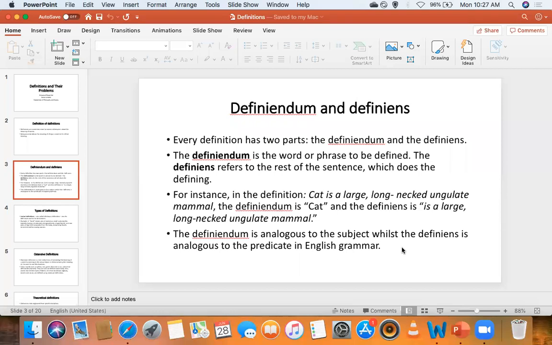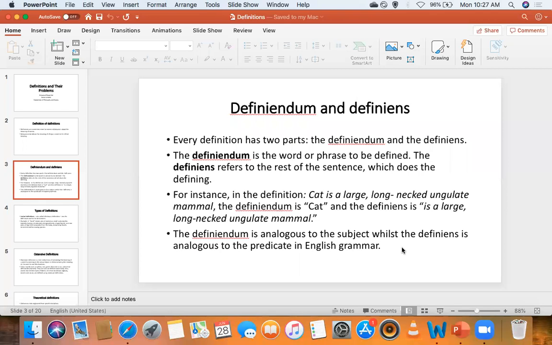When we were doing our English grammar in secondary school, we had distinguished between subject and predicate. So in this case of definitions, the definiendum is doing a work that is analogous to that of the subject. The definiendum is a word or phrase to be defined. And then the definiens refers to the rest of the sentence, which does the defining.